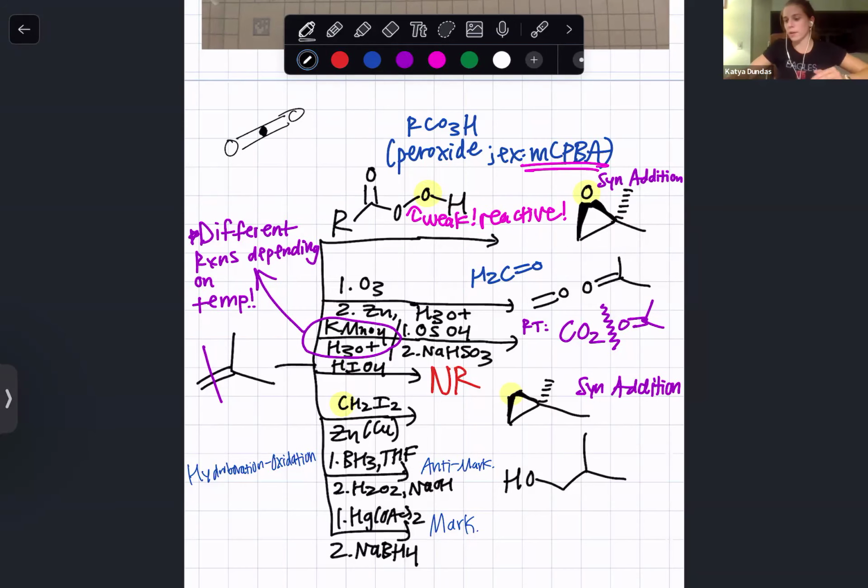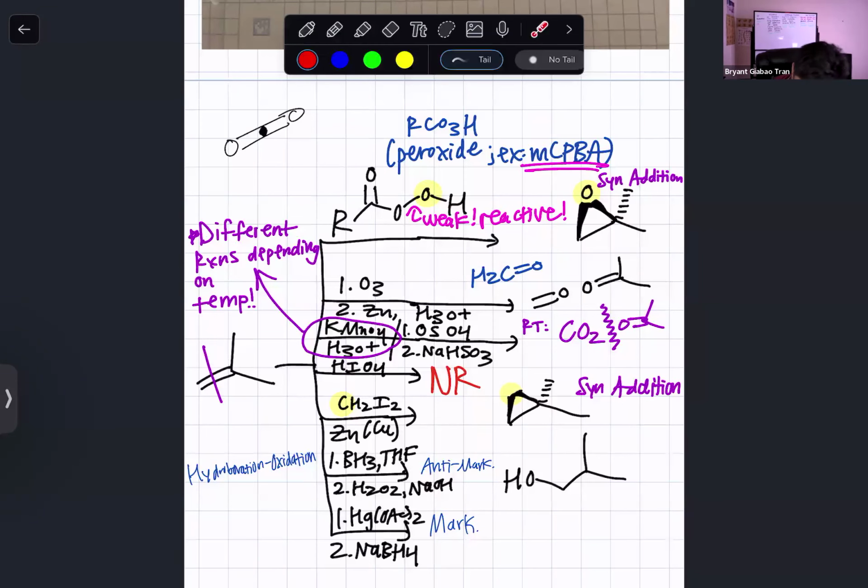Wait, let me make sure, because I did palladium, and I wasn't sure if he put that on here, but he didn't. We have 1, 2, 3, 4, 5, 6, 7. Is the mercury one on there? Yeah, it is, the very last one. We haven't done that one yet. I'm getting excited.